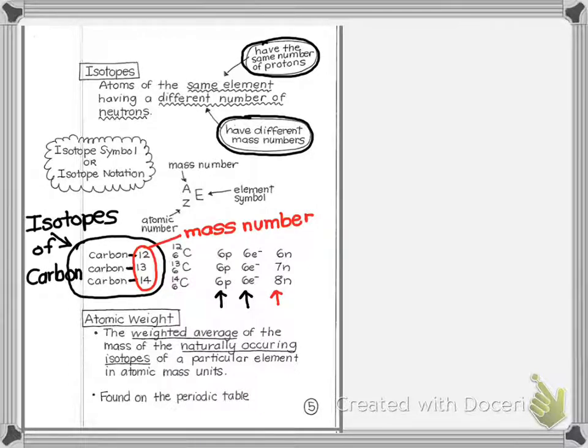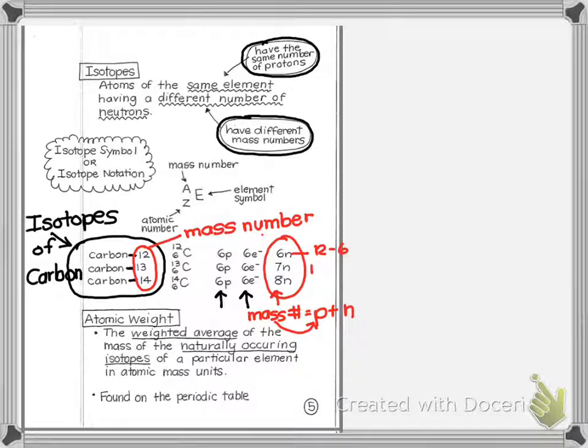From the mass number, I can figure out the number of neutrons, right? Because the mass number equals protons plus neutrons. So if I take the mass number and subtract the protons, I have the neutrons. For the first one, 12 is the mass number minus 6 protons, and that gives me 6.